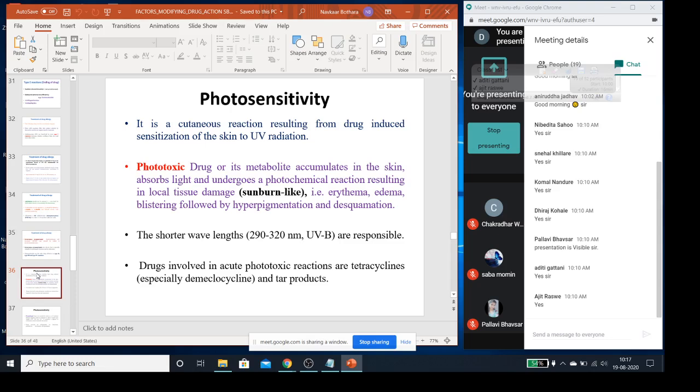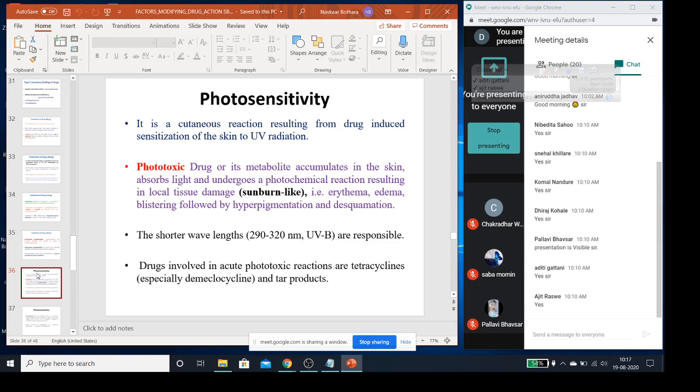Therefore there is erythema, that is redness, edema, that is swelling, blistering, that is blisters filled with water, followed by hyperpigmentation, dark coloration of that area, and depigmentation, that is removal of the upper layer, a scratch-like situation.